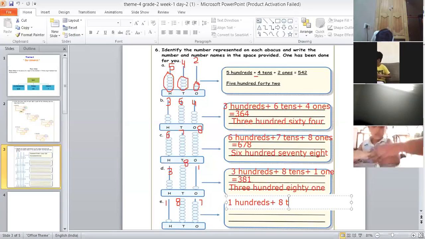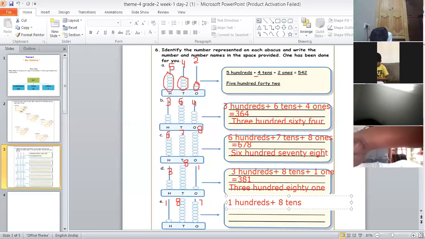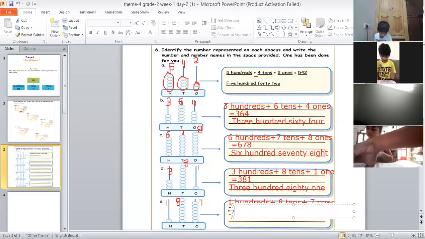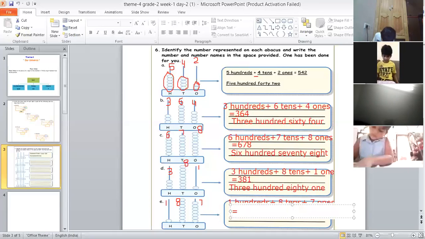Yeah, 8 tens, then 7 ones. Okay, you have to put plus sign also. So plus 7 ones. Then again we have to write equal to sign here, and we have to write this number, 187. Okay, we have to write this number 187. Meghna, you want Meghna.